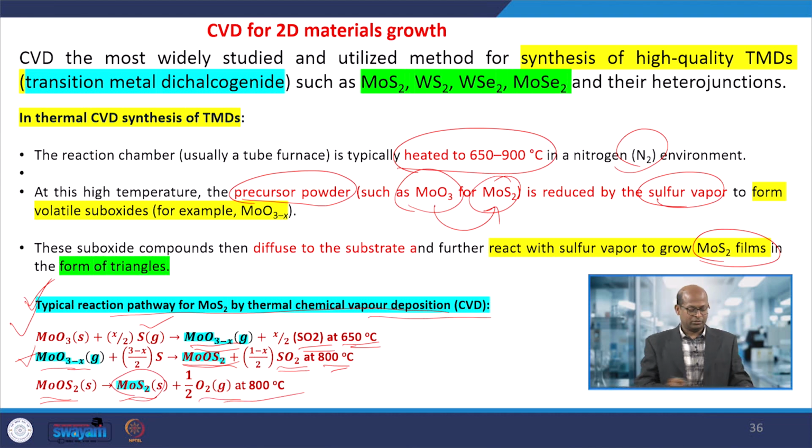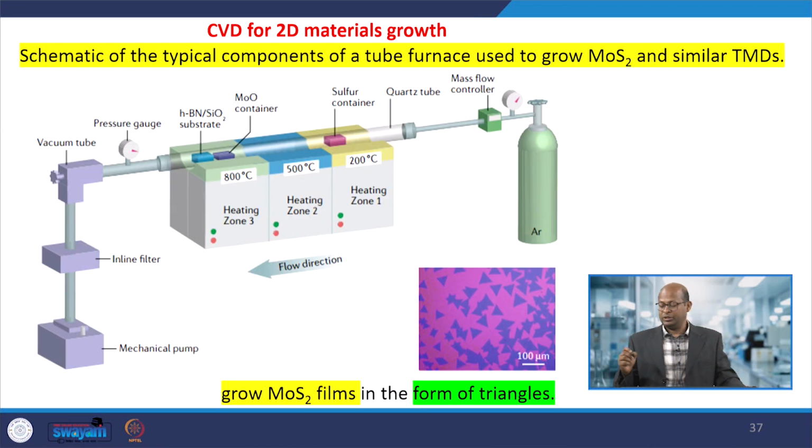That way MoO3 is converted into MoS2, and this type of material we can prepare using CVD technology.